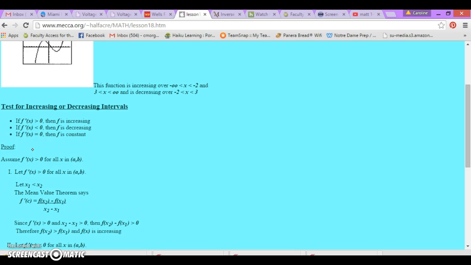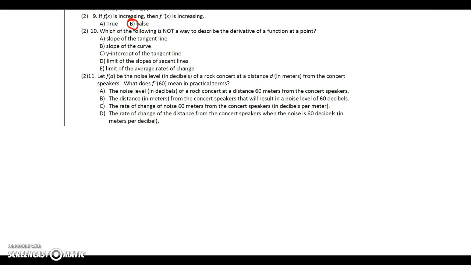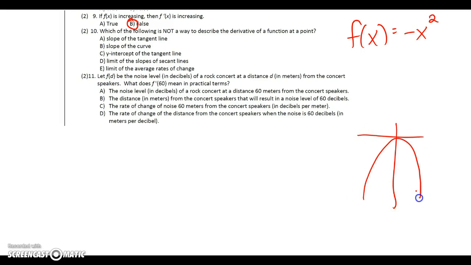So if we go back to the PowerPoint, let's give ourselves a counter example of that. Let's say my f of x is negative x squared. And if I graph that, it looks like this, doesn't it?